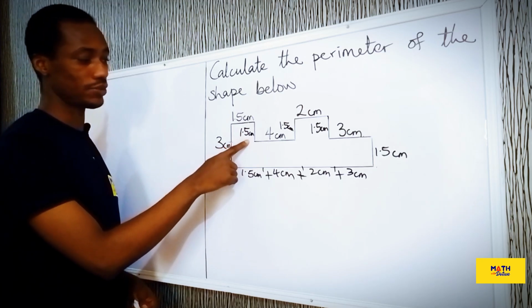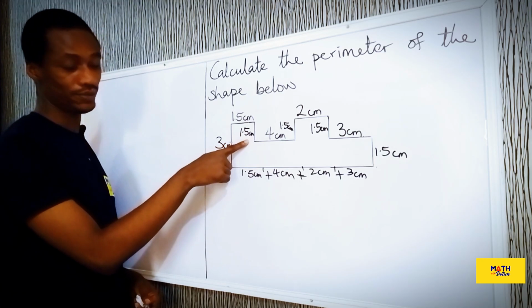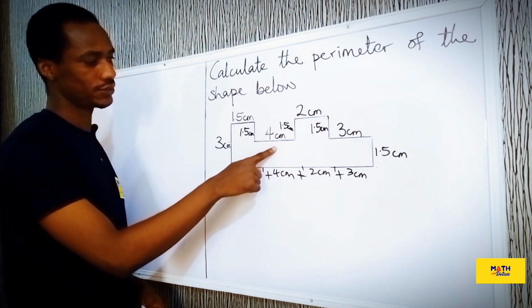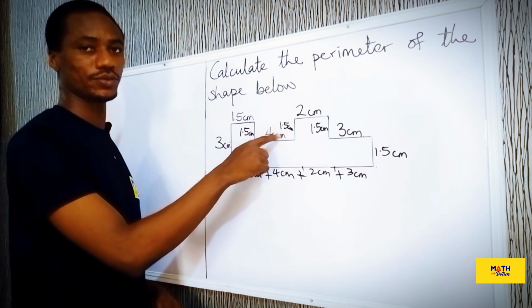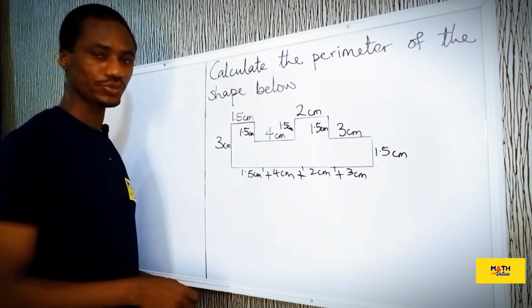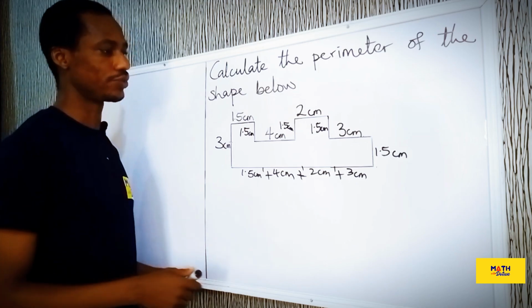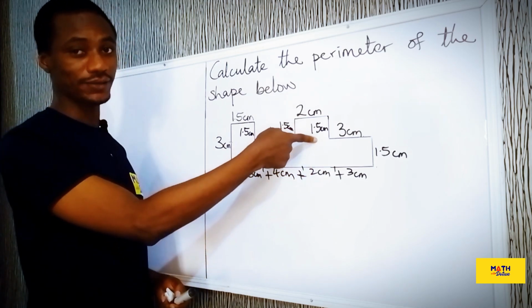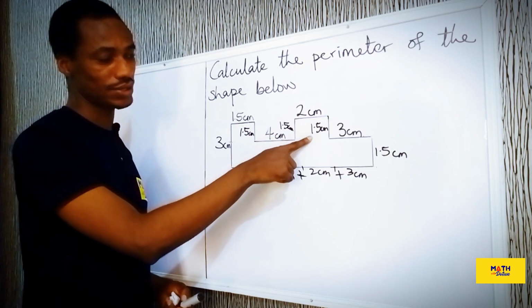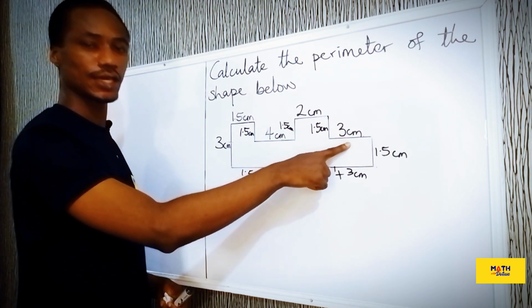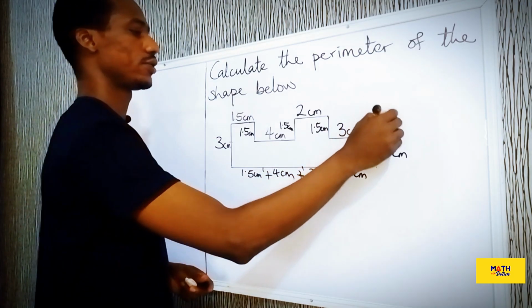So that's 4.5 plus 0.5, that's 5, plus 1, 6, plus 4, 10. 10 plus 1.5 will be 11.5. 11.5 plus 2, that's 13.5. 13.5 plus the 0.5 will be 14, then plus 1 will be 15. Then 15 plus 3 is 18.